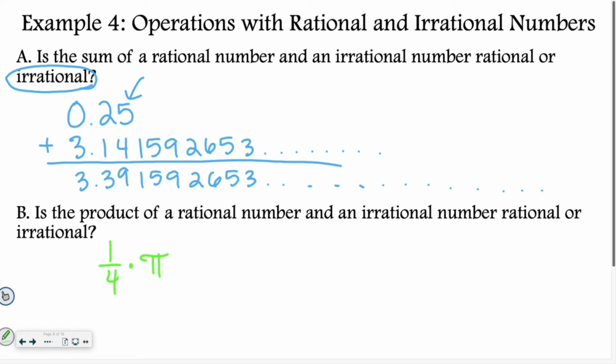If I did 1/4 times pi, I'm still going to have a big long decimal that continues on and on and on, and it keeps going forever and ever because that's how pi works. So when you multiply a rational and an irrational number, you end up with an irrational number, okay? So that is important for you to remember.